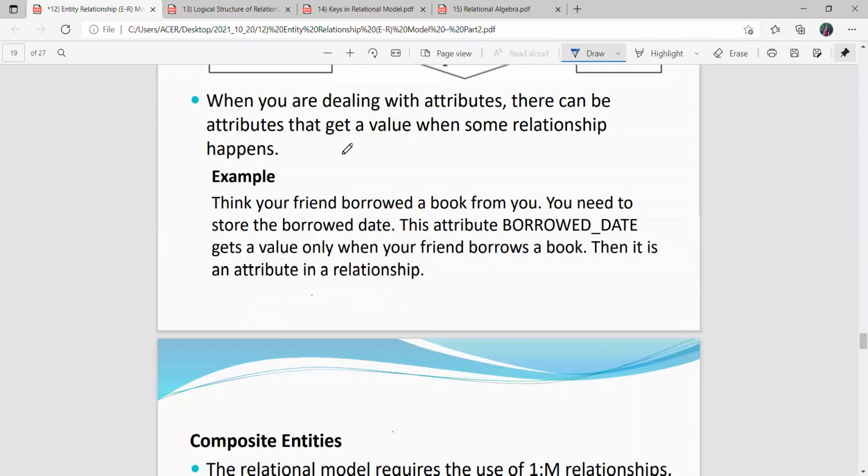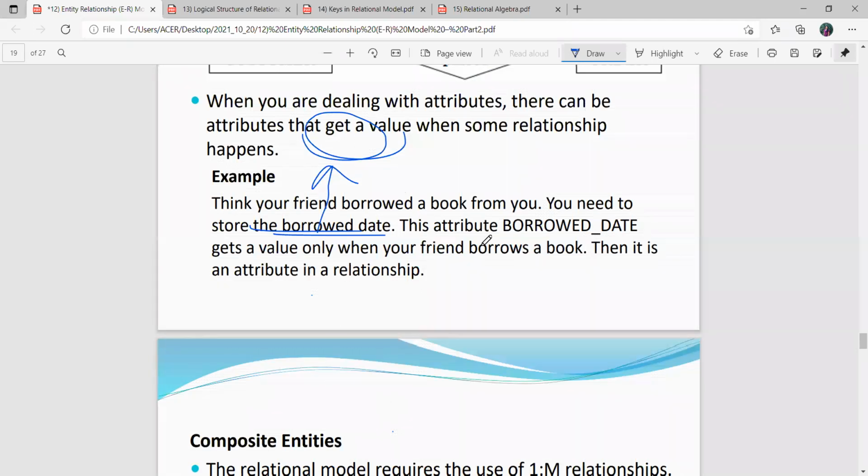So think your friend borrowed a book from you. You need to store the borrowed date, but this borrowed date occurred when your friend borrows a book from you.